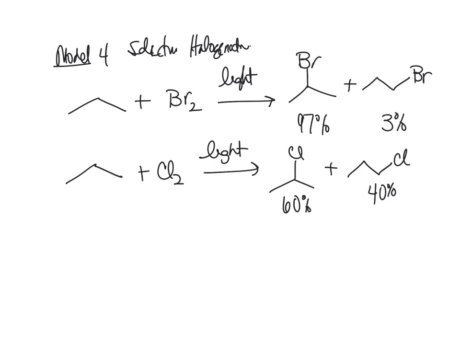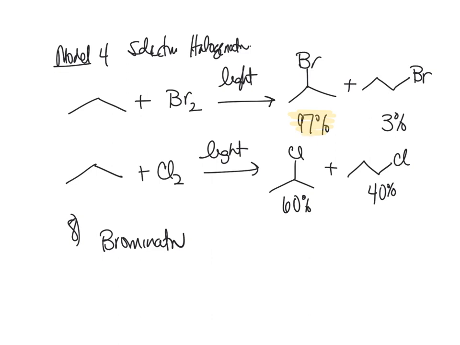All right, so let's read 8. A selective reaction gives you close to 100% product. An unselective reaction gives a mixture of products. Which reaction is selective? Did you write bromination? Yep, because that's the 97%.